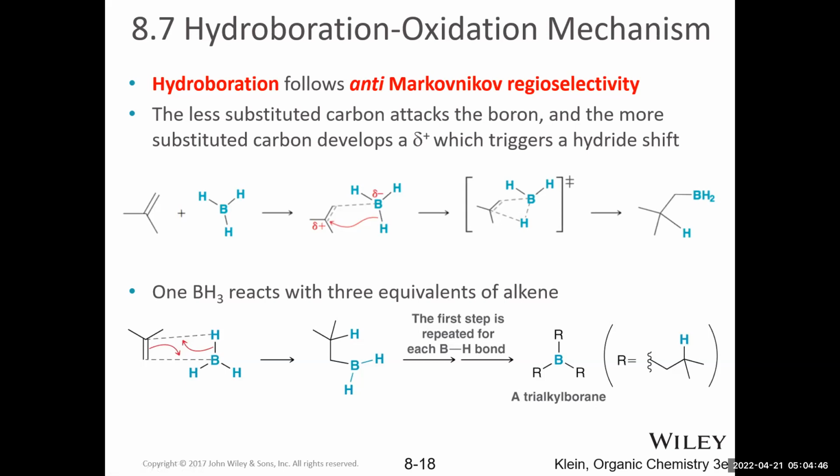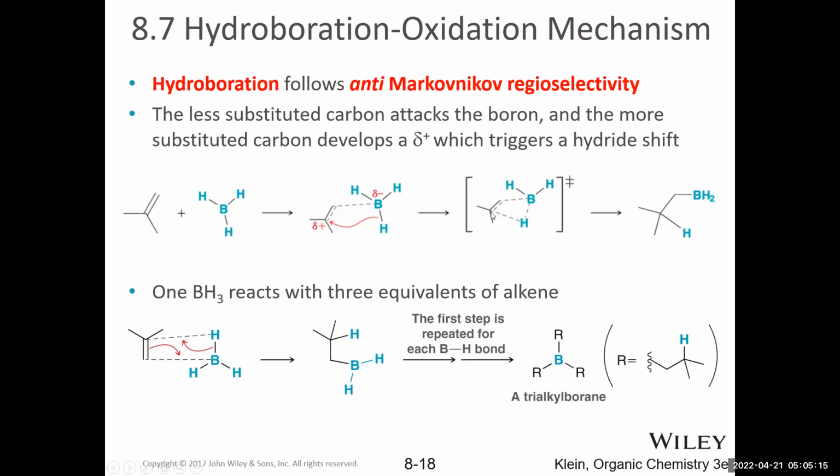And then this alkyl borane intermediate can react with 2 more alkenes in order to get 3 alkyl groups attached instead of 0. So it starts off with 3 hydrogens attached, and after this process occurs 3 times, it ends up with 3 alkyl groups. In this particular example, they're all this isobutyl group.